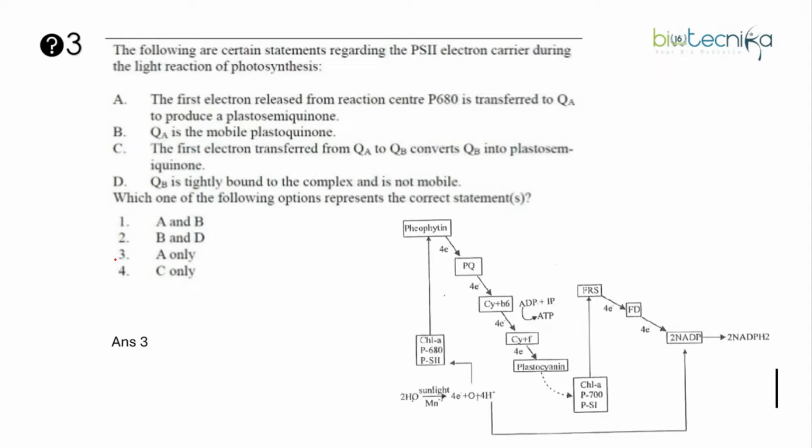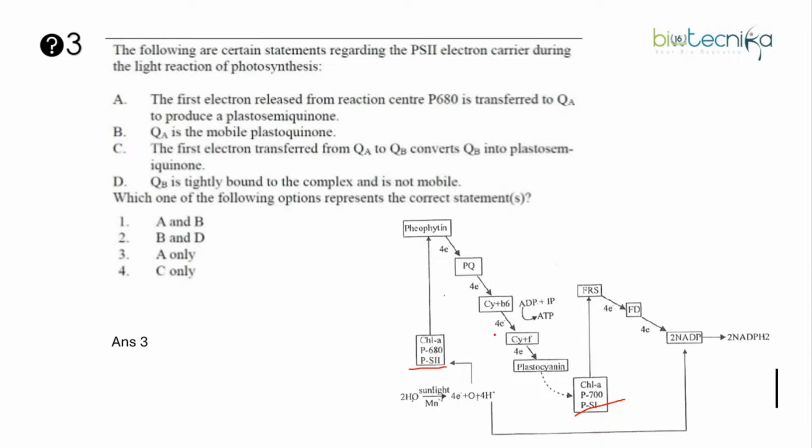Okay. Now, this is your electron transfer chain. If you see, you have two photosystems, photosystem 2 and photosystem 1.